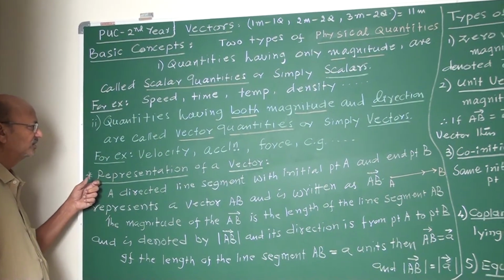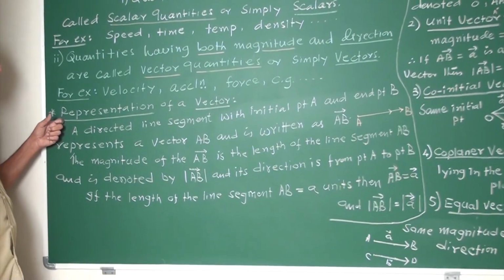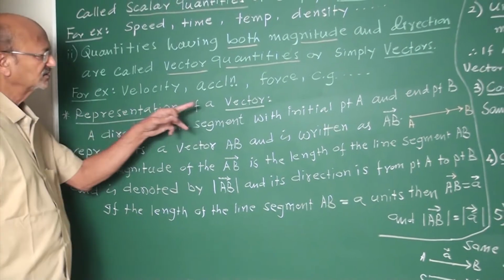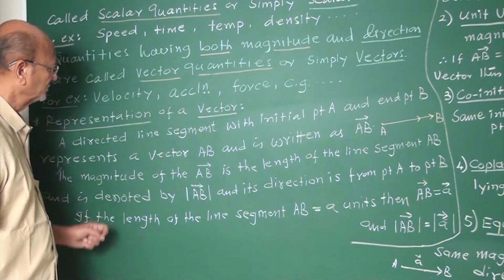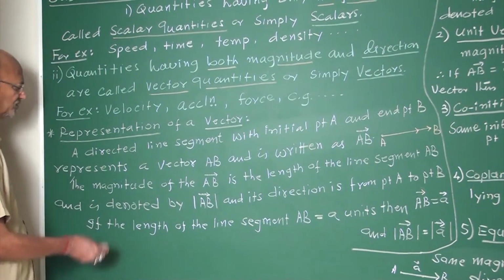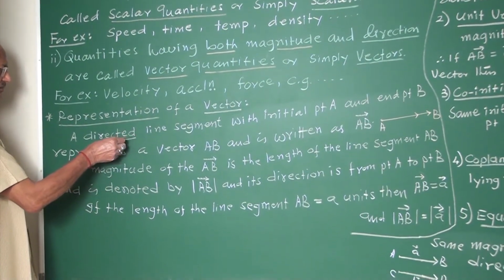Next, another very important thing: geometrically, how we represent a vector. Geometrically, how we represent the vector. Yes, my friends. A directed line segment, this is very important, a direction.